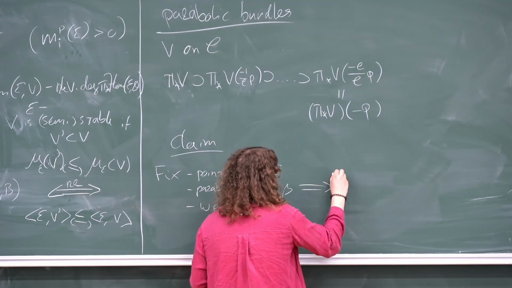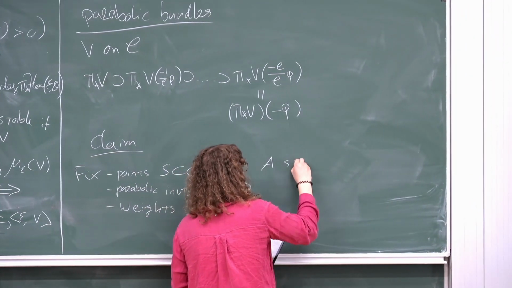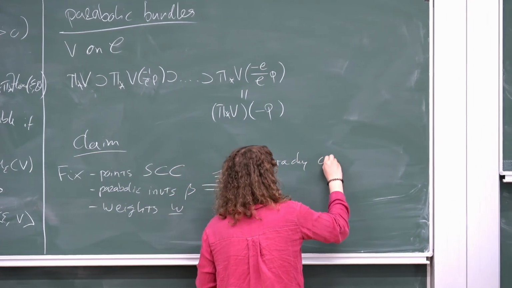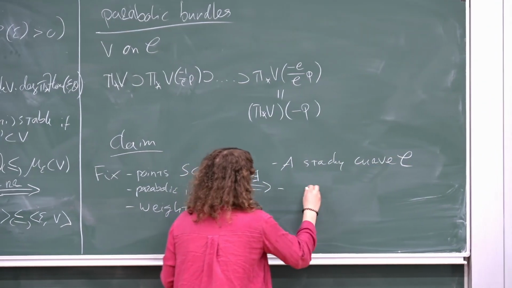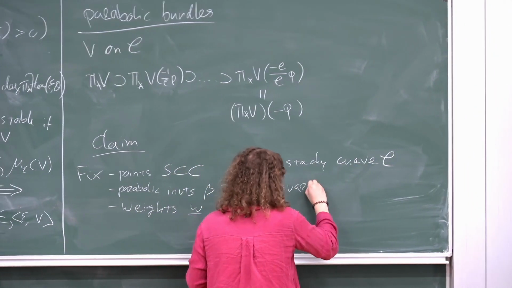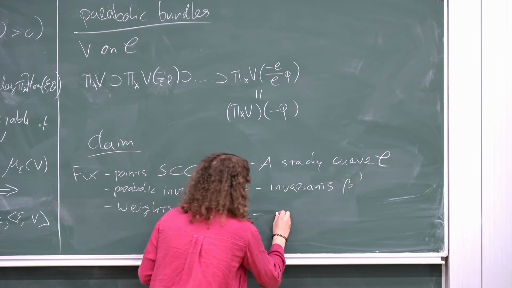Then I claim there exists a stacky curve, invariants, and a generating sheaf.